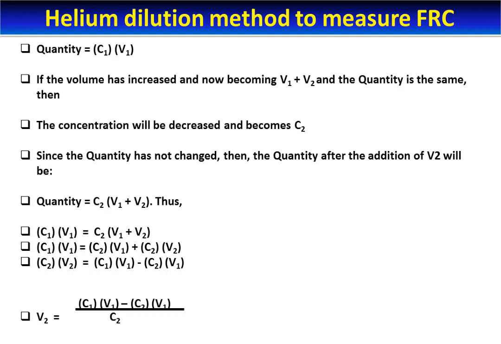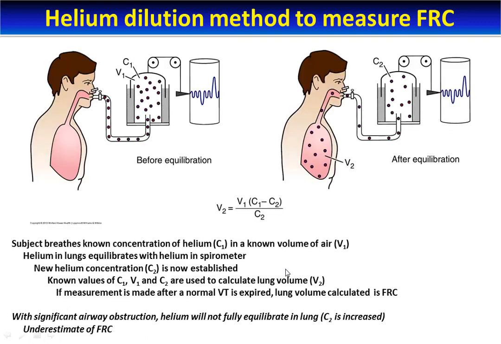What is this material which is distributed? The material is helium. What volumes? The volume of the spirometer, the amount of air which is in the spirometer, and the additional volume is the functional residual capacity. So V2 is our functional residual capacity. So here we have air.